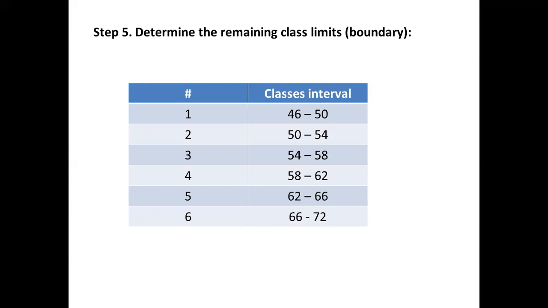When the lowest class boundary has been decided, by adding the class interval size to the lower class boundary, you can compute the upper class boundary. The remaining lower and upper class limits may be determined by adding the class interval size repeatedly till the largest value of the data is observed in the class.